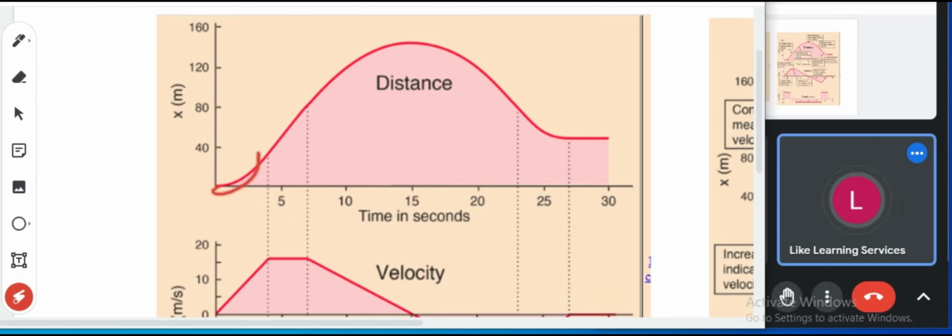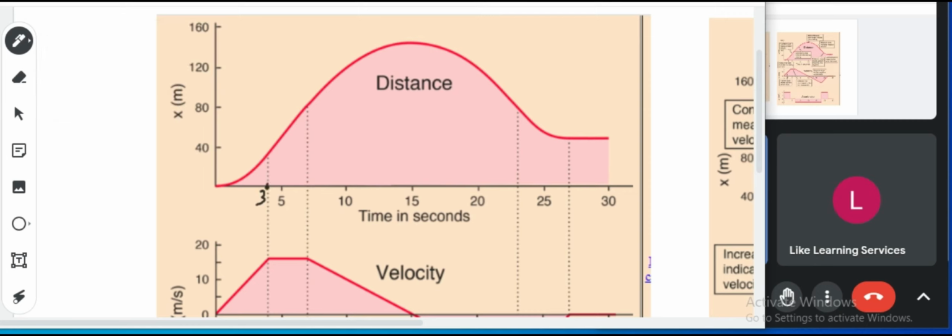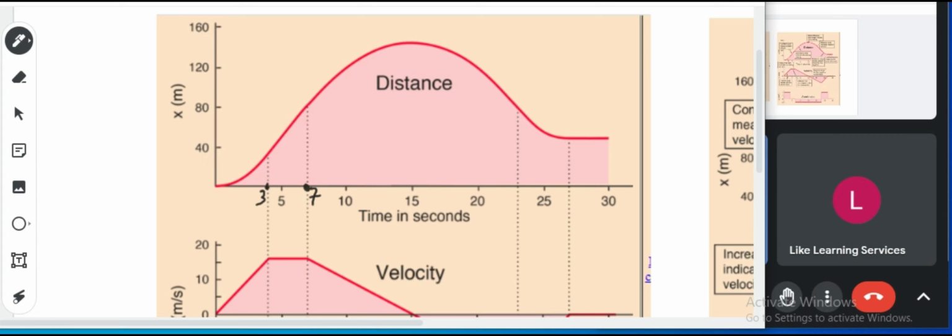What's happening between 0 to 3 seconds? This is second 3. Acceleration, which is constant acceleration. What's happening between 3 seconds to, let's call here 7?